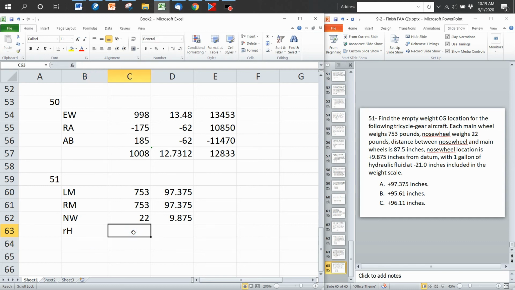How much does that hydraulic fluid weigh? They're tricky, FAA. We don't take hydraulic fluid off. We leave the hydraulic fluid alone. All right, so they tried to trick us one more time, but we didn't let them trick us one more time. We went ahead and got our totals.